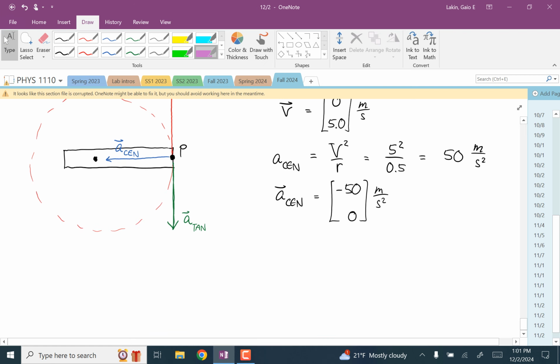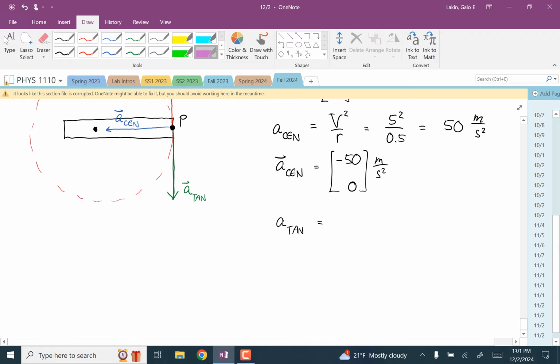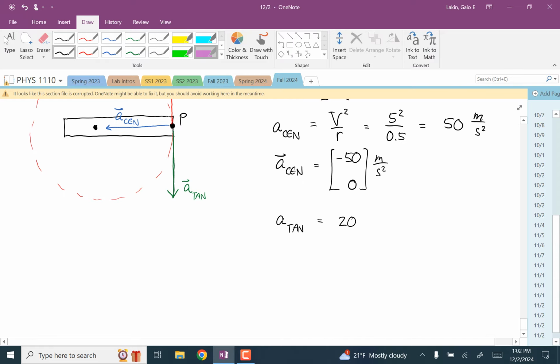Now the last one is the tangential acceleration. The tangential acceleration magnitude is equal to the absolute value of the angular acceleration. So that's 20, times the distance from the hinge to the point, that's 0.5.